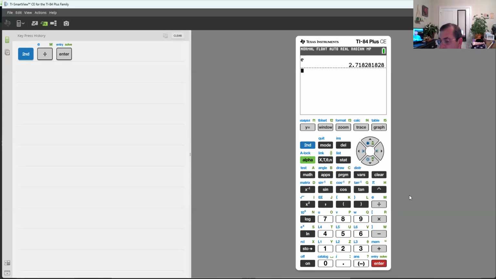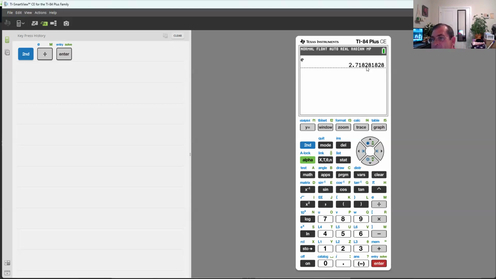Now we're rounding to 4 decimal places, so that would be 2.718. The 4th spot is the 2, but since that 2 has an 8 behind it, we round that 2 up to a 3 and make that 2.7183.